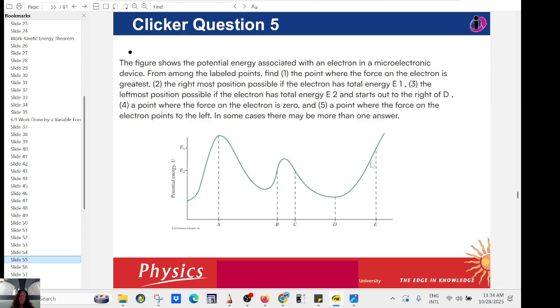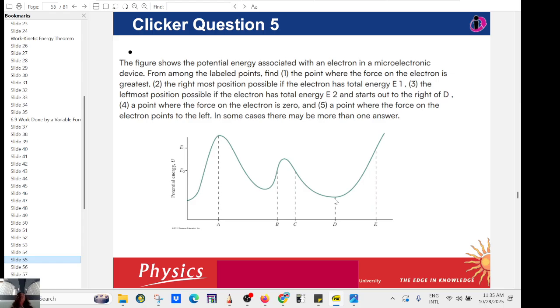So for example, if an electron is here, which way does it want to go? This way, right? If it's at E, it wants to go, yes, very good, toward D. The restoring force is the slope. So what's the slope at D? Zero. So it's happy.